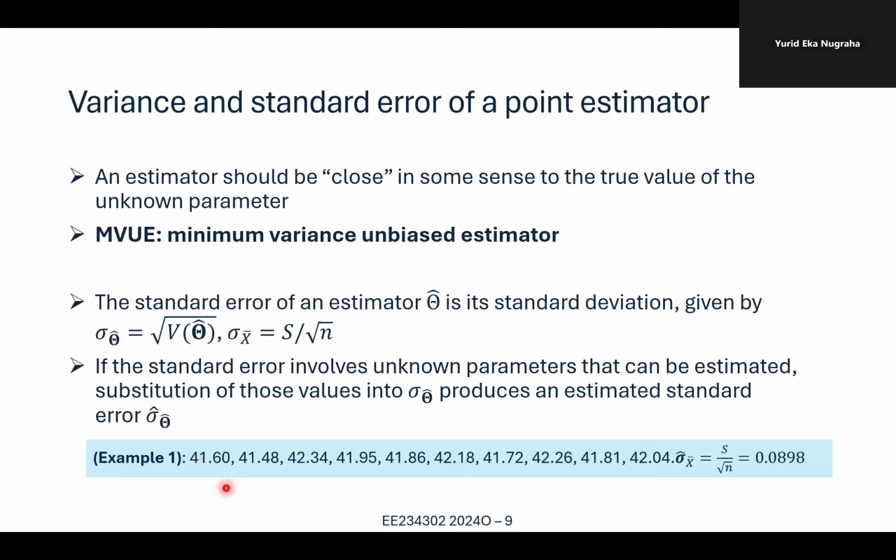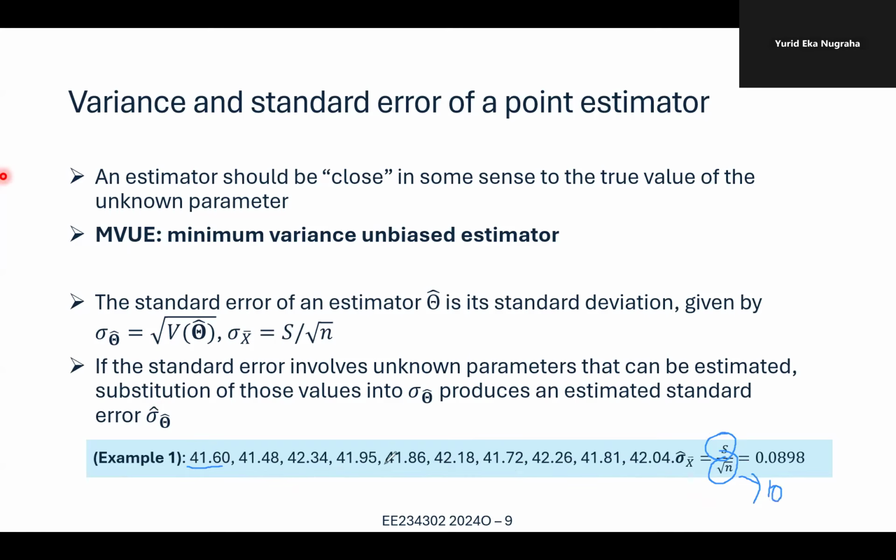Now, one simple example here is that suppose we have this data: 41.6, 41.48, and so on. We can get the value of the standard deviation and the value of the square root of n, the sample size. The number of samples here is 1, 2, 3, 4, 5, 6, 7, 8, 9, 10. We have 10, and we have the standard deviation.